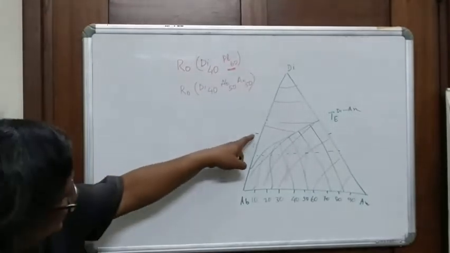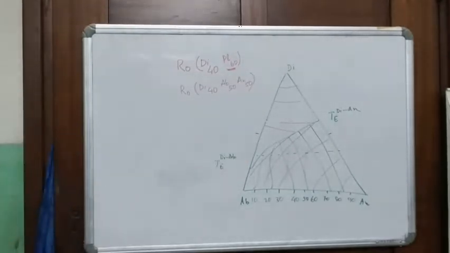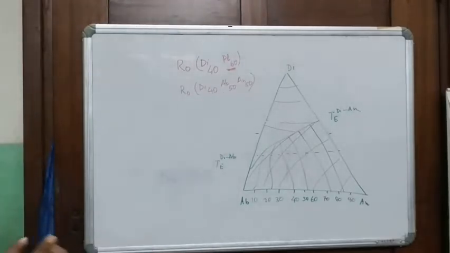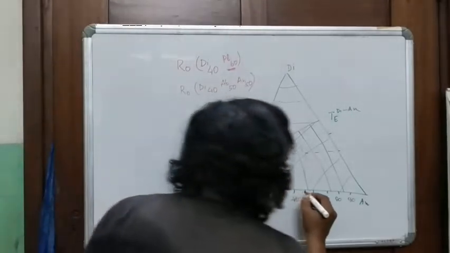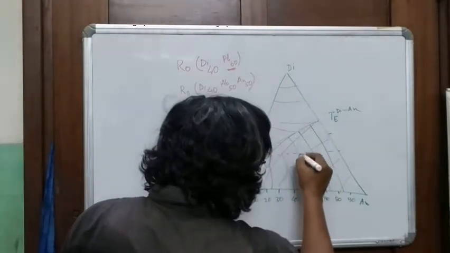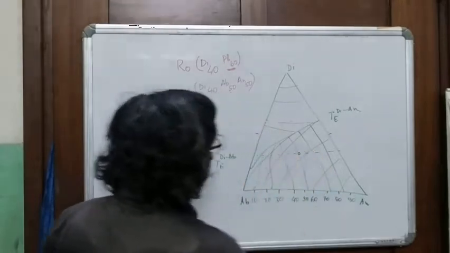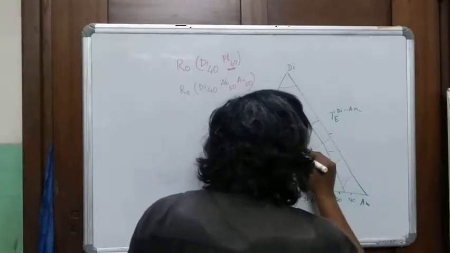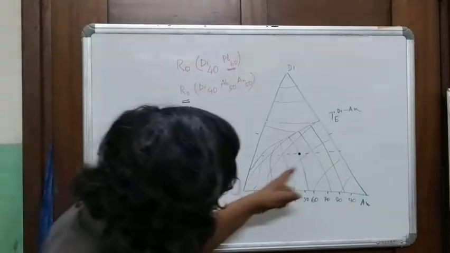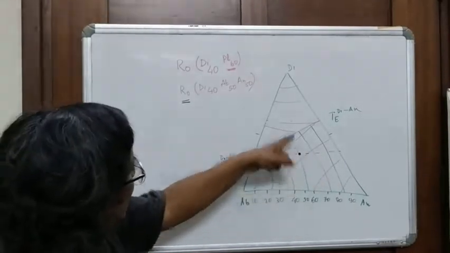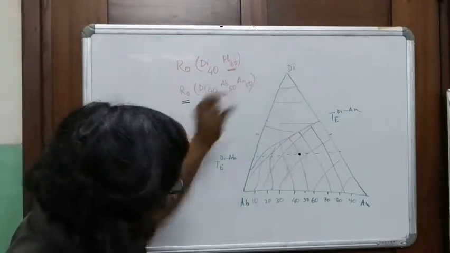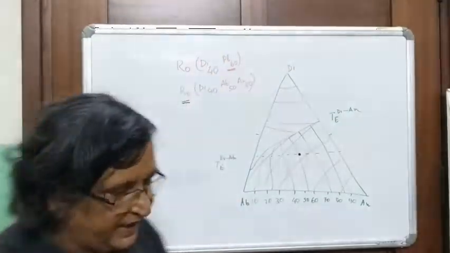And then we have plagioclase, albite and anorthite 50, 50. So you can have another line joining 50, and this will be your R0 composition: albite and anorthite 50, 50, and diopside about 40, and the plagioclase making up 60%, right? This is what we have.